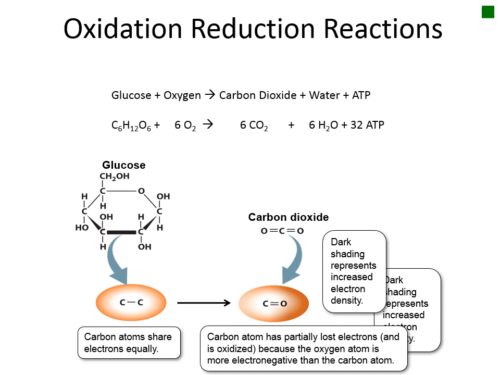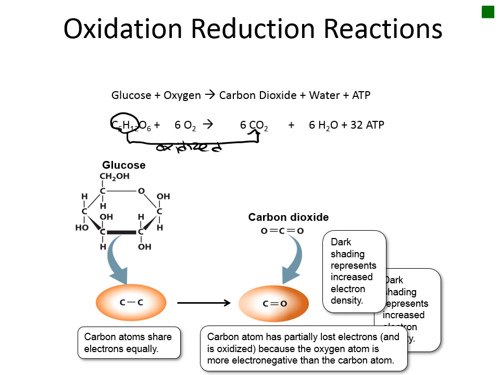We can observe this in the equation for cellular respiration. Here, glucose is oxidized to carbon dioxide. Notice the presence of hydrogen atoms in glucose and the lack of them, or the loss of them, in carbon dioxide.